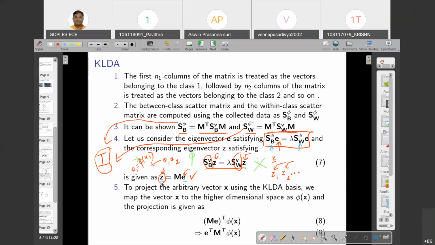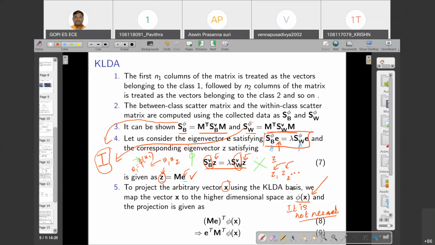How is the projection going to happen? You have an arbitrary vector in the feature space as usual. We have to map it to the higher dimension, using phi of x. You may wonder that we need this function phi in this expression. The idea is that it is not needed. You will see how that is going to happen. But this is the procedure.